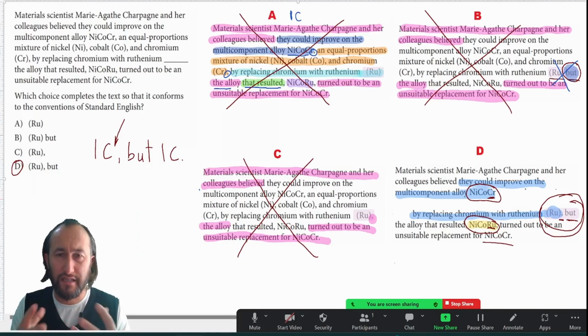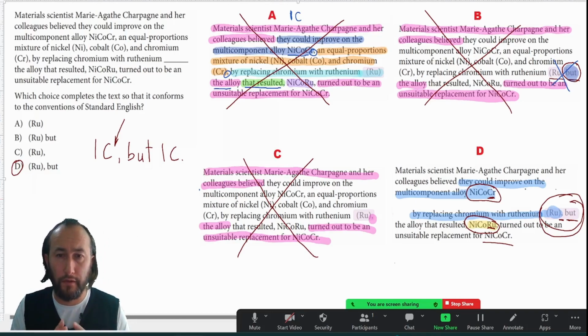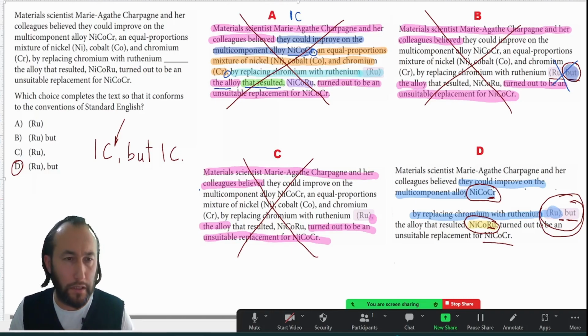Because it is utterly important to understand these structures, guys, for ACT and SAT students. If you don't understand dependent clause, independent clause, phrase, extra information, and subject and verb, then you have to work on it. Otherwise, you will not be able to get all the English questions right.